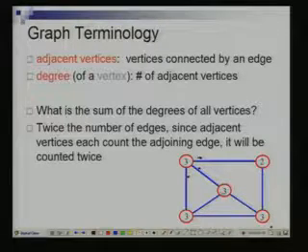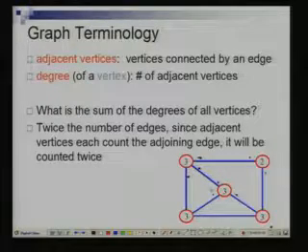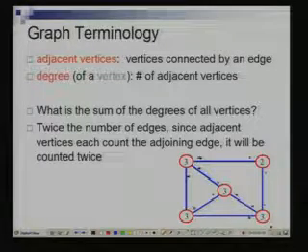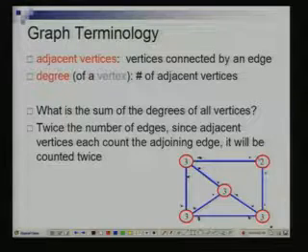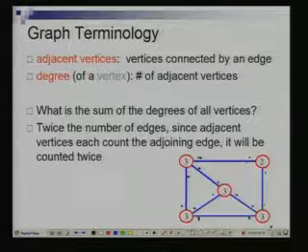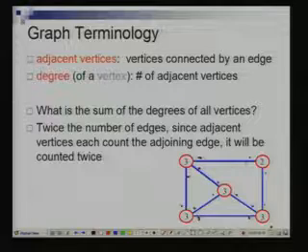Then here I am putting down 3 stones, here 2 stones, here 3 stones, here 3 stones. So, I have put as many pebbles as the sum of the degrees of the vertices. Now, if I look at any edge, how many pebbles are there on that edge? Exactly 2. So, the sum of the degrees of the vertices equals 2 times the number of edges.